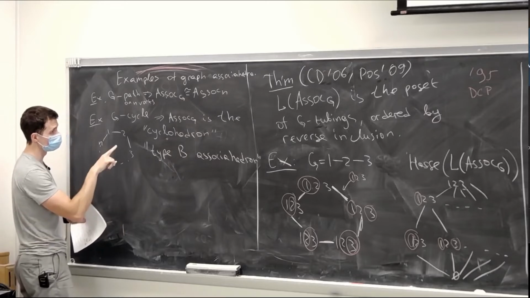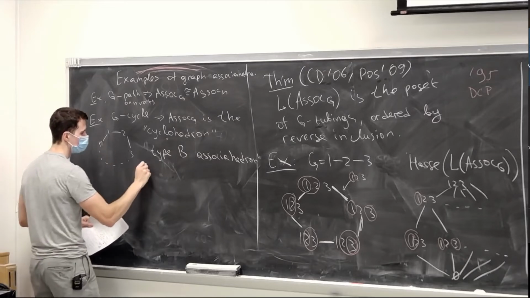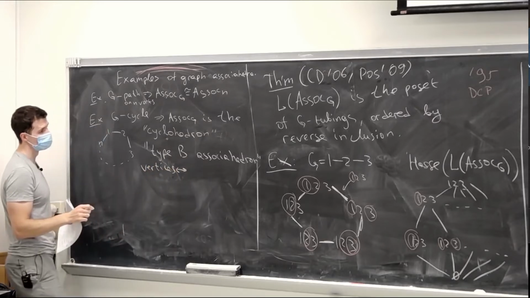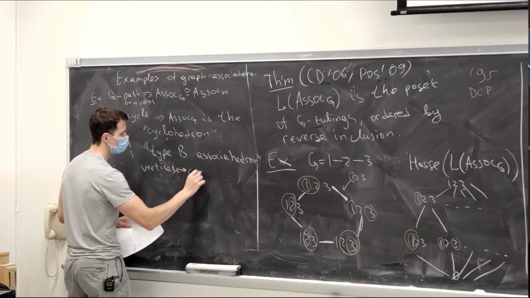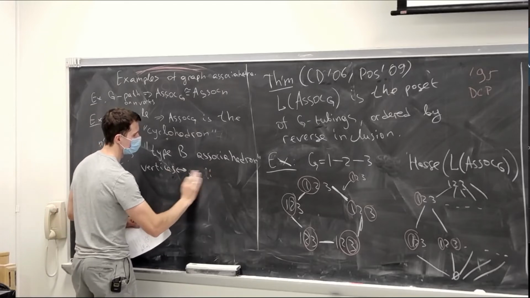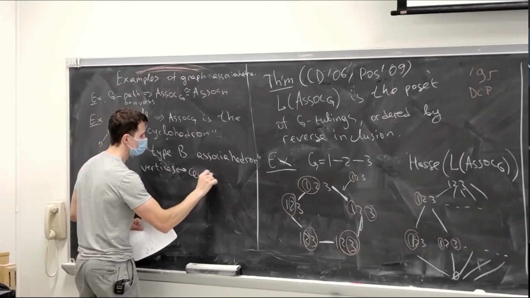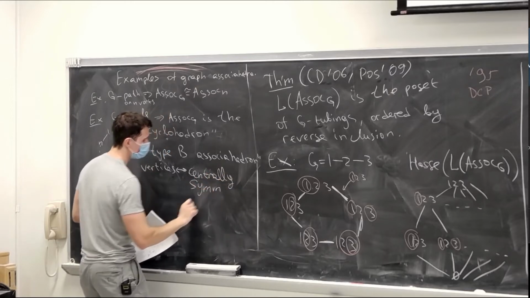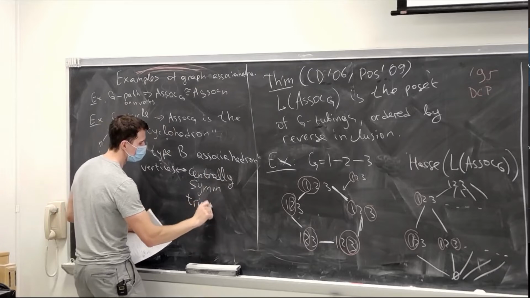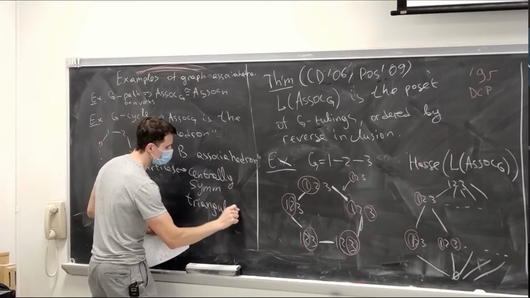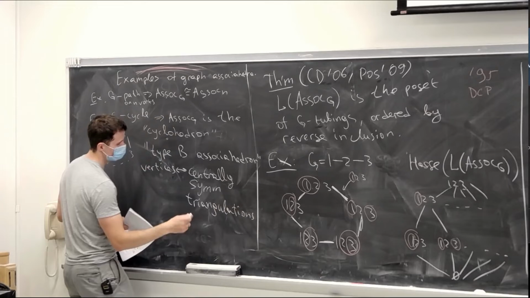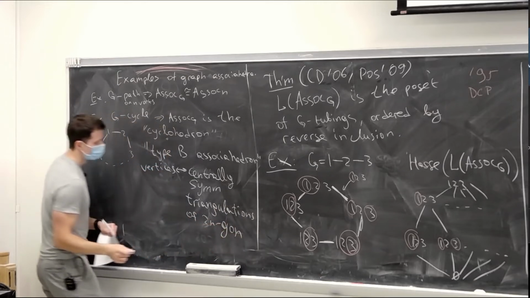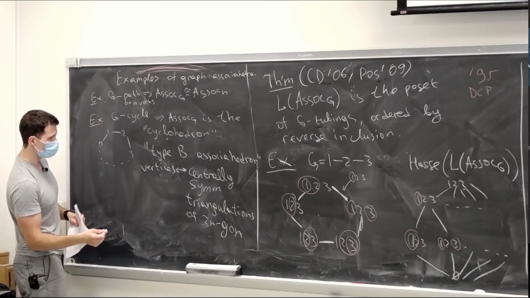Another interpretation is that the vertices correspond to centrally symmetric triangulations of a 2n-gon. I should give you an example.